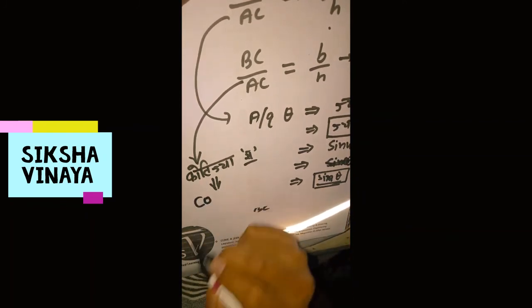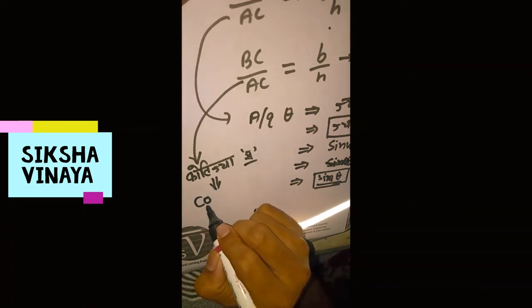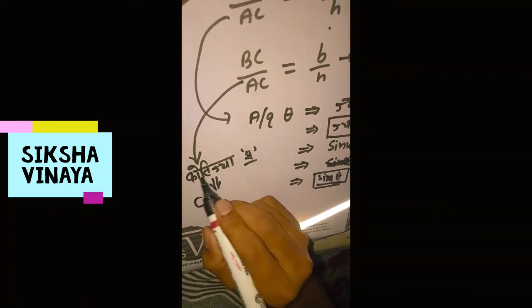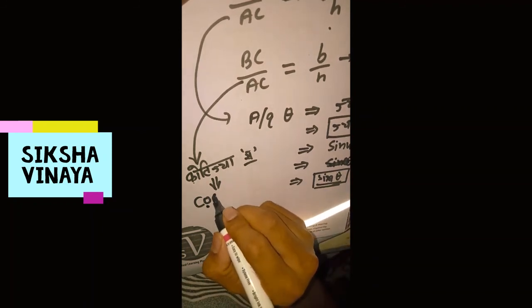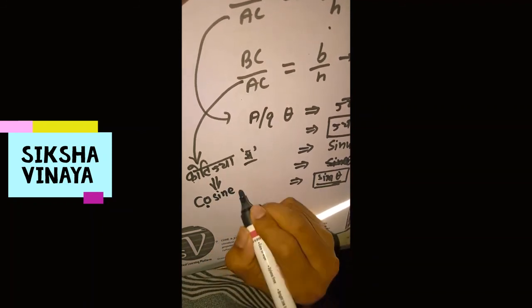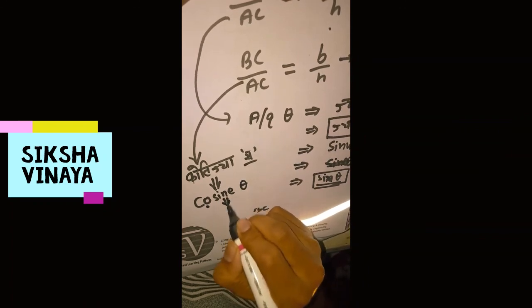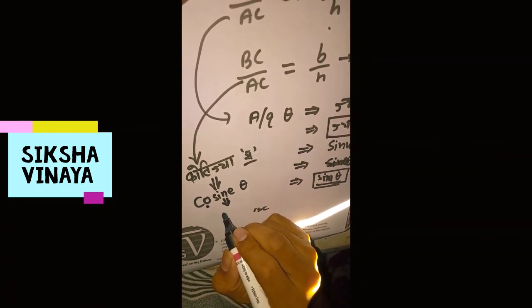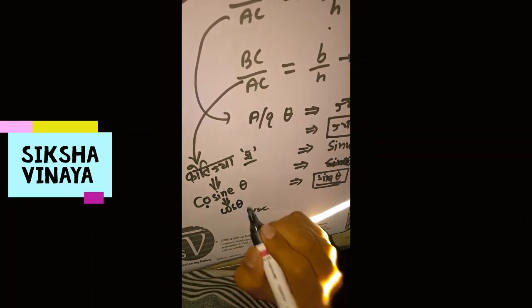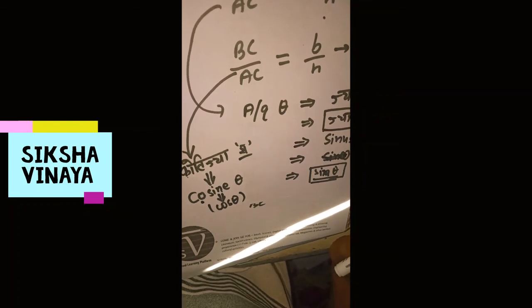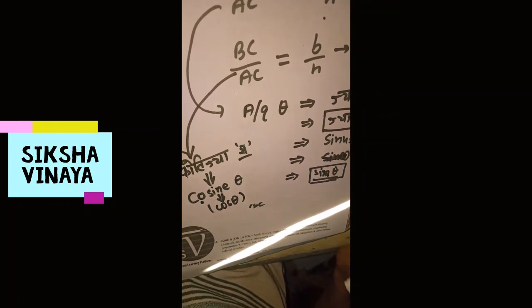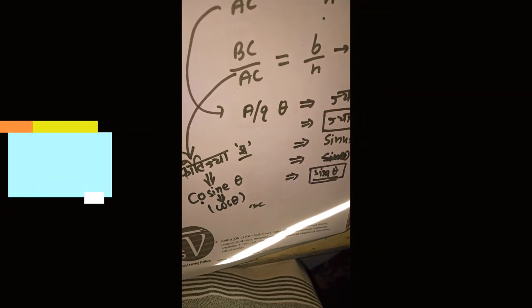So in Greek it will be taken as Koti for Ko and Jya for sinus, or becomes cosine theta, or it can be written as cos theta. It means sine theta and cos theta were discovered by Indian mathematicians.